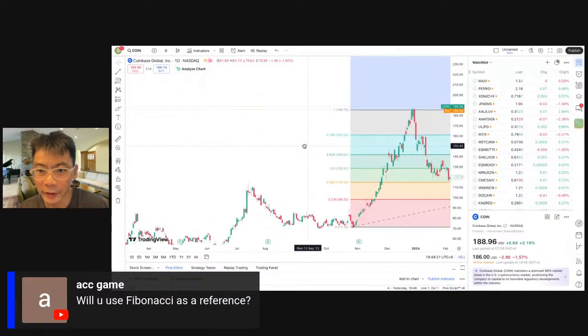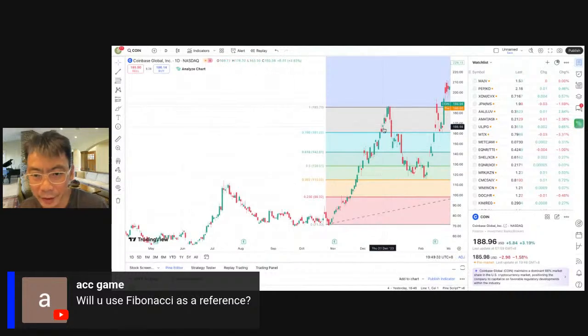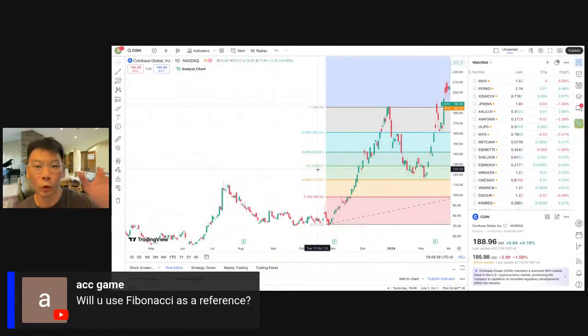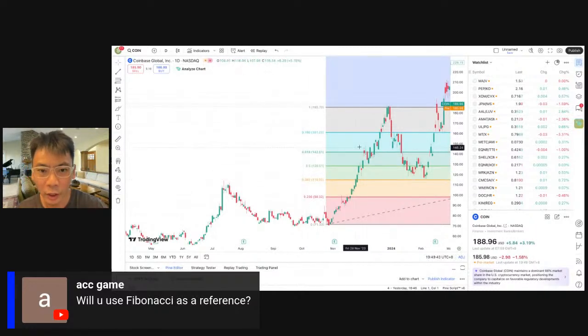You can see that there are certain support and resistance lines that the price will touch and then bounce back up. There are certain golden ratios, like 0.1618, 0.382. Every time the price reaches a particular portion, can you see that there seems to be some natural support and resistance?